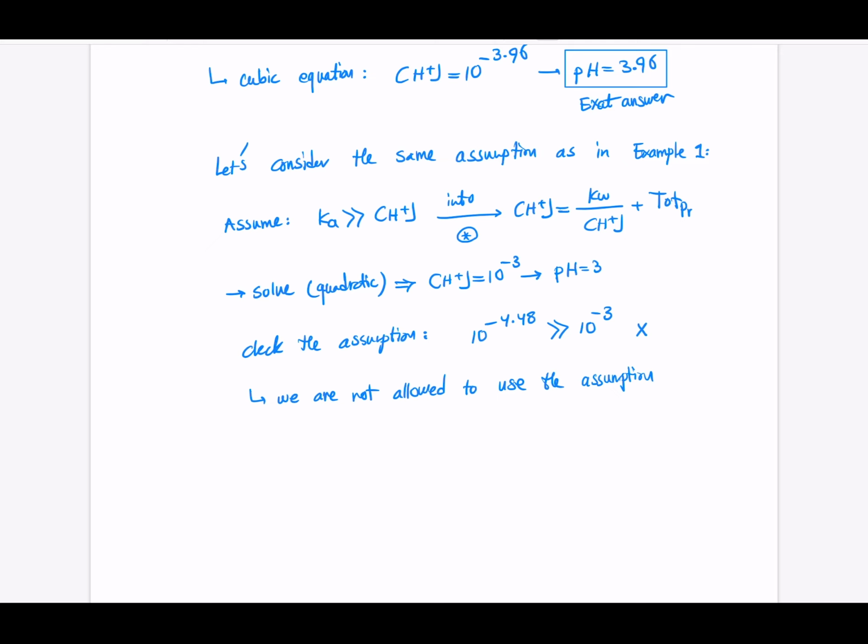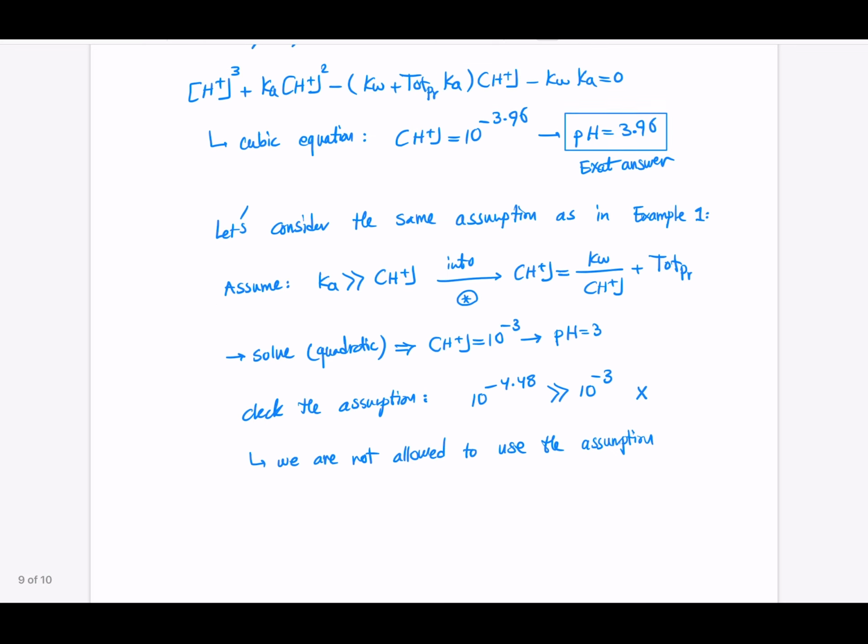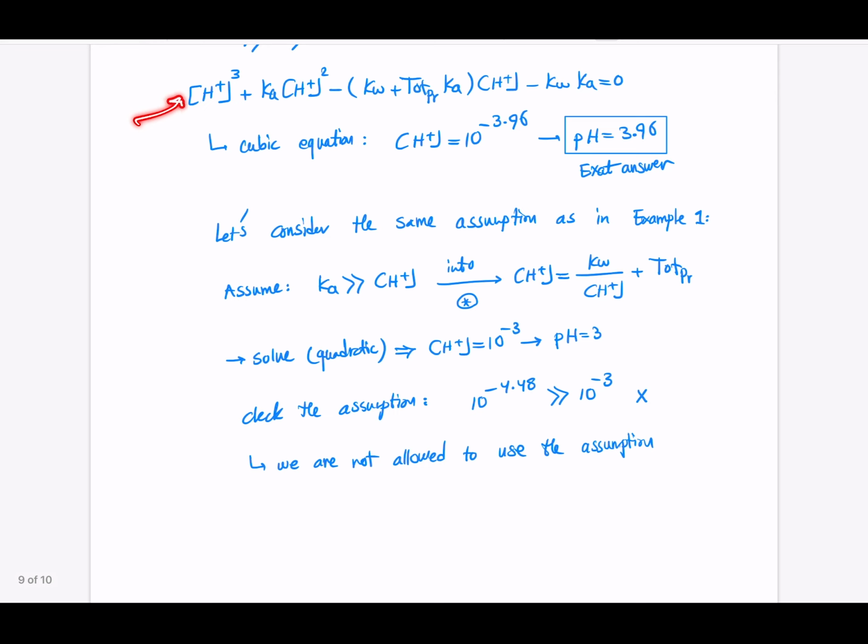So whatever assumption you make, just make sure you go back and check that assumption. But overall, up to here, you have the equation to solve for the exact answer. That's the whole point of using algebra. You really don't need assumptions, just for the sake of simplicity and sometimes to have a quicker, faster approximation of your system.